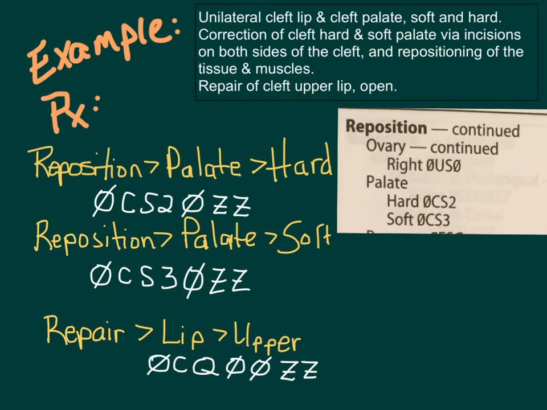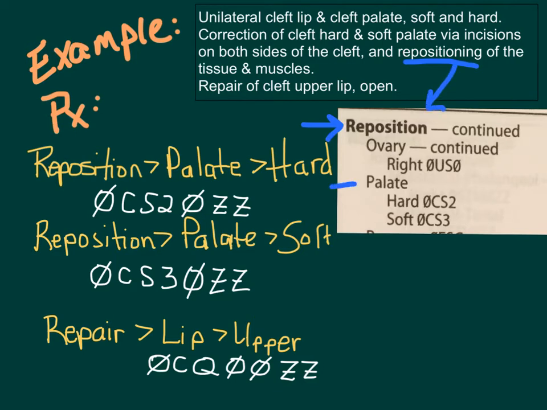Now looking at the procedures, we are actually going to end up with 3 procedure codes. The documentation tells us that the cleft palate is being corrected through repositioning of the tissue and muscles. So let's begin with the main term in our PCS code book of reposition for the repositioning.